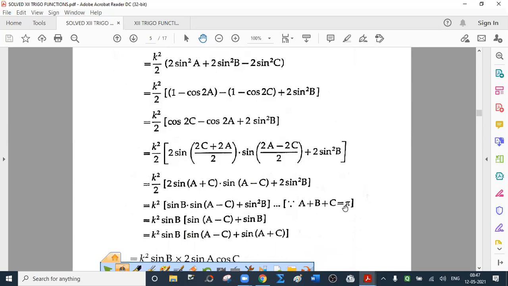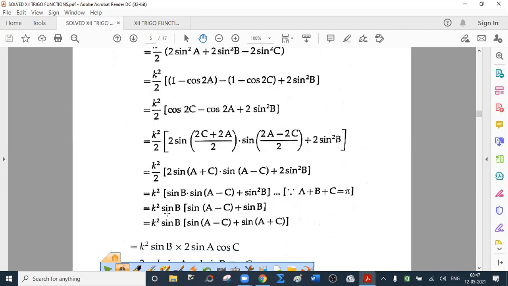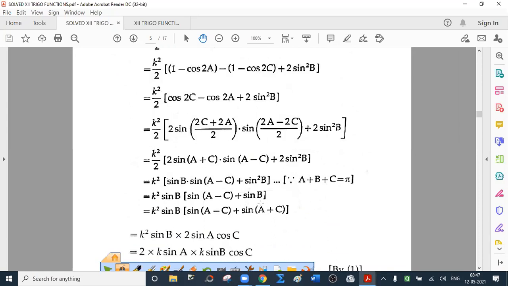Now A plus B plus C is pi. So what is A plus C? This A plus C can be replaced by pi minus B. And what is sine of pi minus B? It is sine B. That is why you will notice that I have directly written sine B. Now take sine B common to get in bracket sine of A minus C plus sine B. Now in the next step, this sine B is replaced by what?